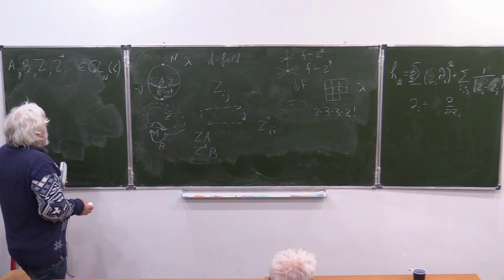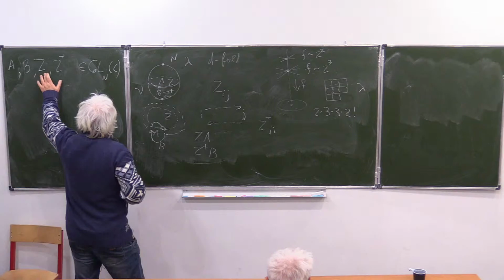Now consider the so-called Ginibre ensemble, an ensemble of random matrices. It is defined on the space of matrix elements of these matrices, with the following measure.